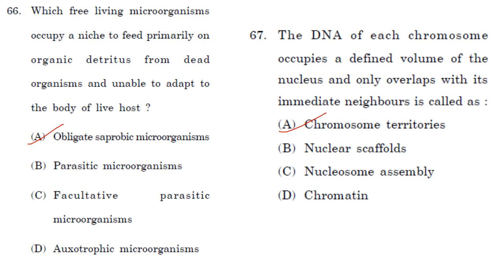They feed primarily on the organic detritus of dead organisms. Then next one. The DNA of each chromosome occupies a defined volume of the nucleus and only overlaps with its immediate neighbors; this is called chromosome territories. Answer is option A.